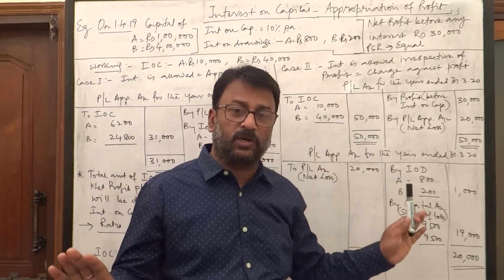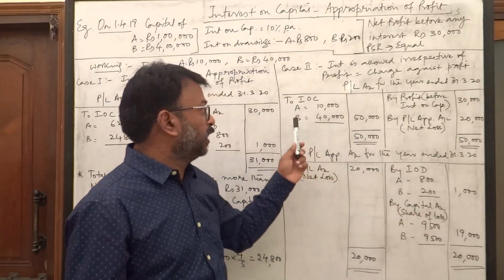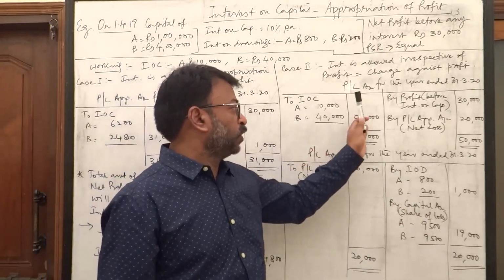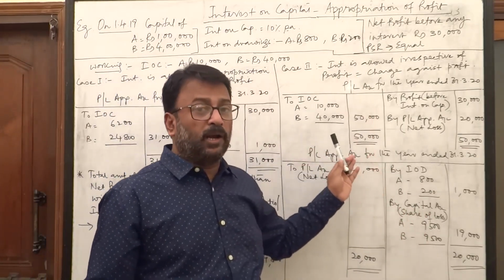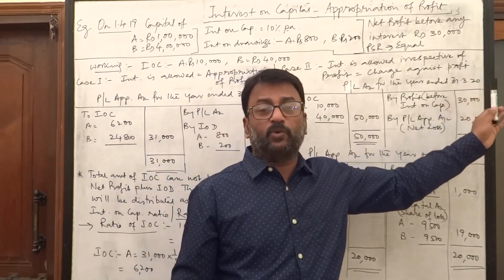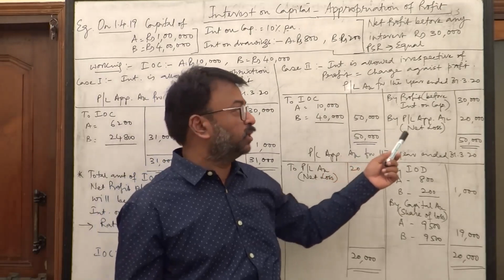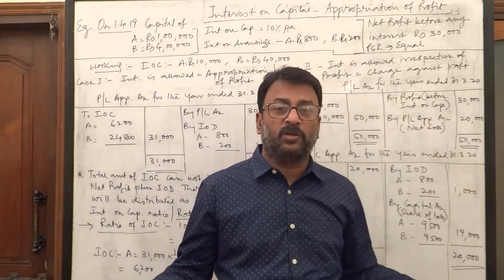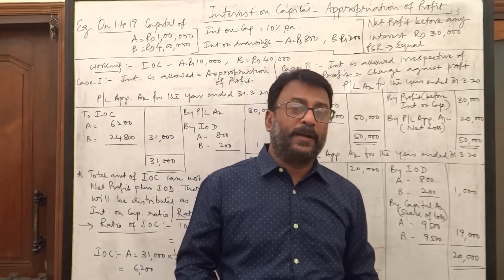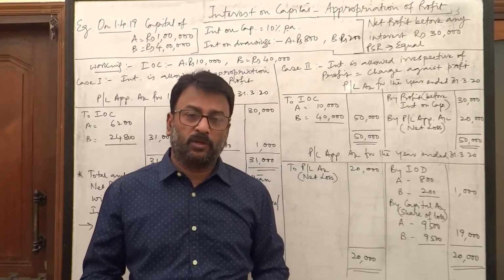It is not considered as appropriation of profit and it is 50,000 rupees. And now the difference is coming, 20,000 rupees, because you have already shown as an expense 50,000, you have profit 30,000. So there is a loss of 20,000 rupees.